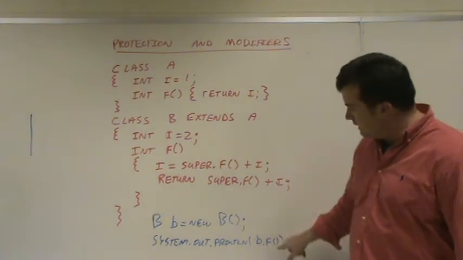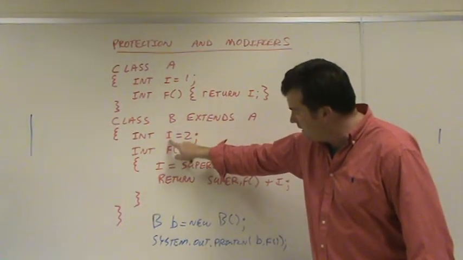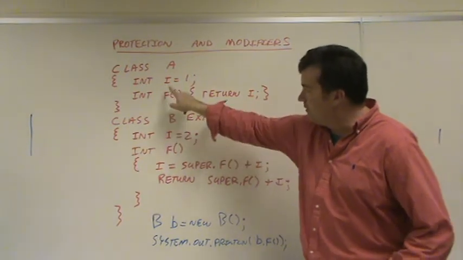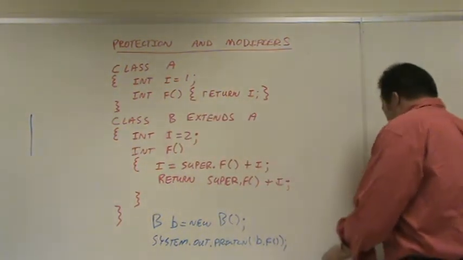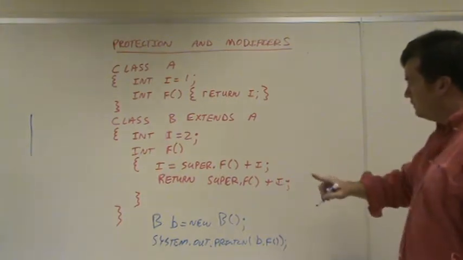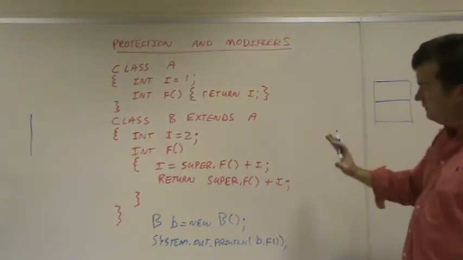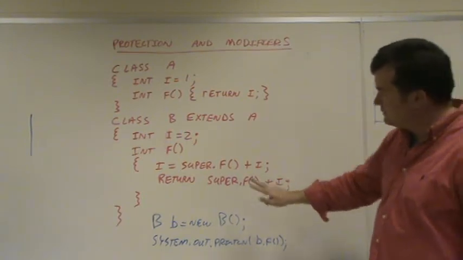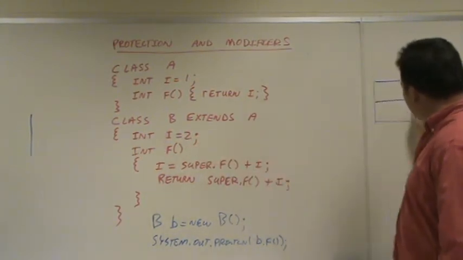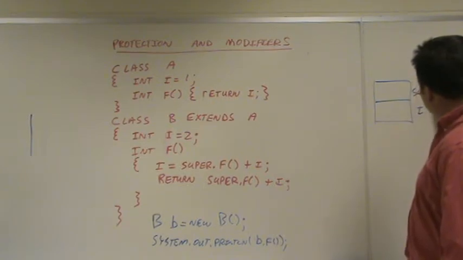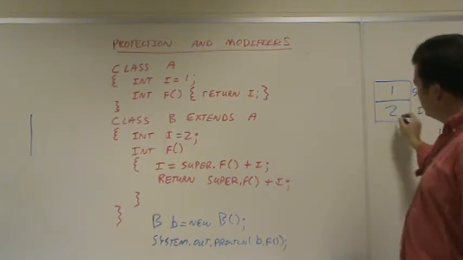So we're taking a B object. A B object has an I field set to 2. It also has a super I set to 1. So let's draw this object, just so we know what's going on. We have the data, not the methods. The data for this, there's actually two I's. There's the I, and there's the super I. And it's set like this, right?